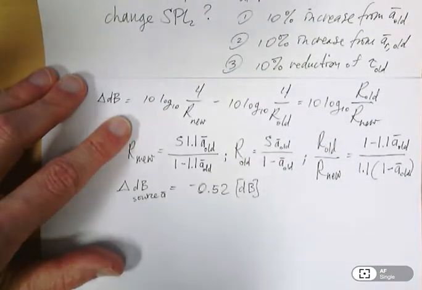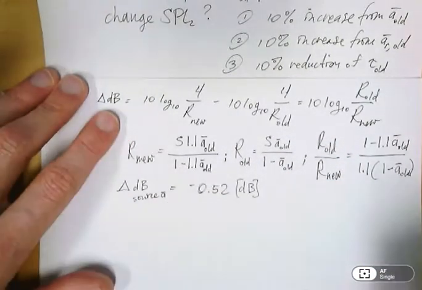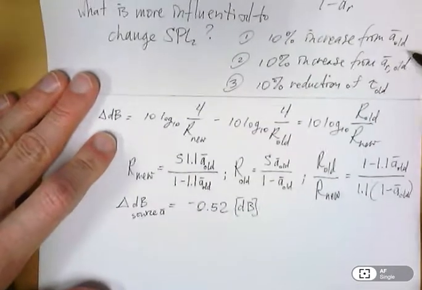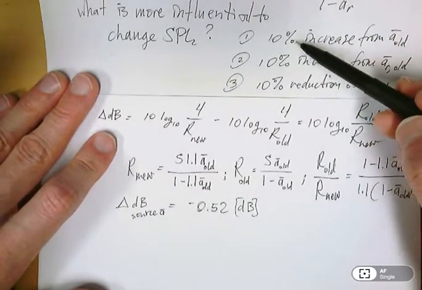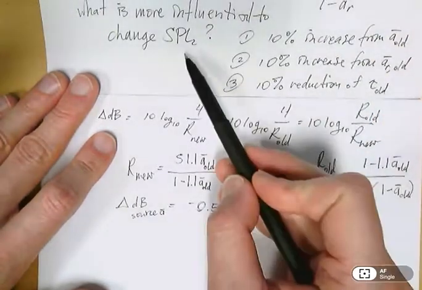So increasing the mean absorptivity of the source room by 10% will decrease the SPL2 by 1/2 a decibel.